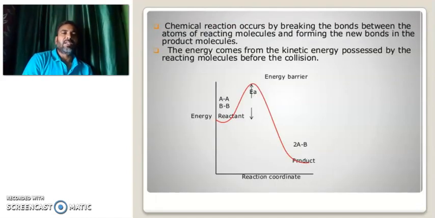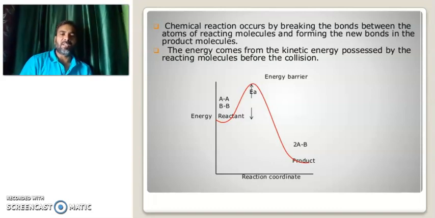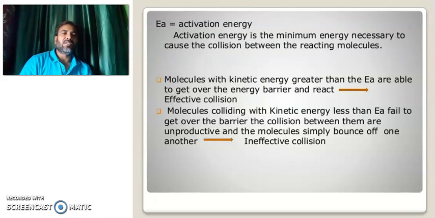Now friends, a chemical reaction occurs by breaking the bonds between the atoms of reacting molecules and forming new bonds in the product molecules. So the energy comes from the kinetic energy possessed by the reacting molecules before the collision. You can see A2 and B2 reactants gaining activation energy, crossing this energy barrier, and giving the product AB. This is the energy versus reaction coordinate graph. So Ea is the activation energy.